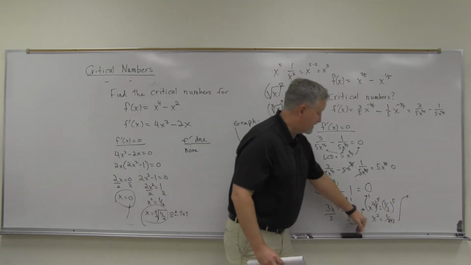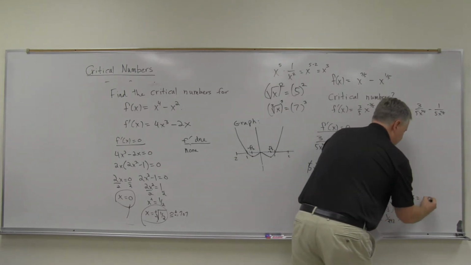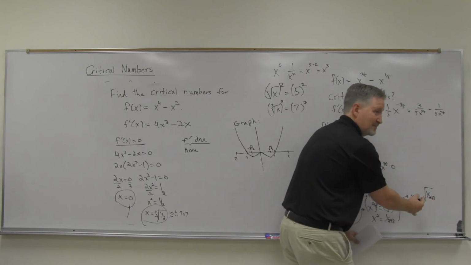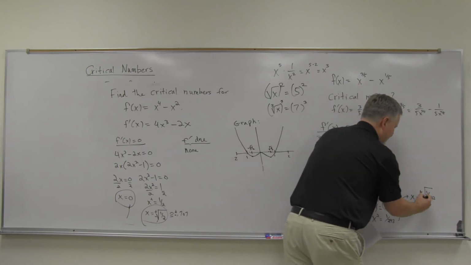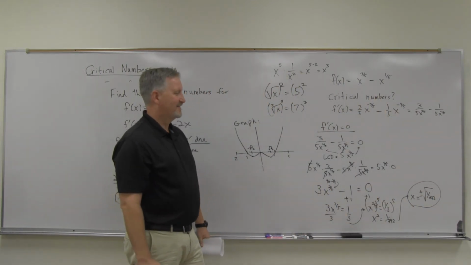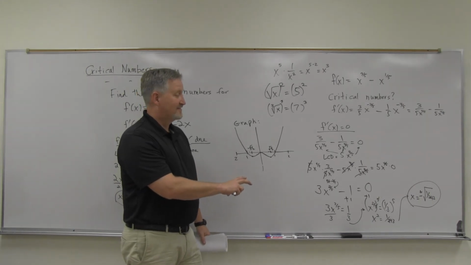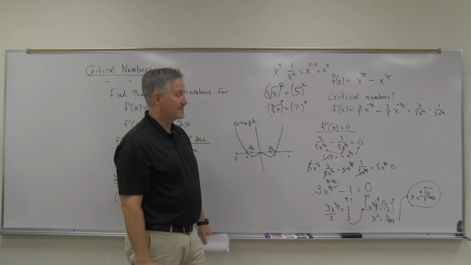Now it's just an x squared equation, so I'm going to square root both sides. But what can this side be? Plus or minus. That's quite the process there. Any questions? So x equals plus or minus the square root of 1 over 243.